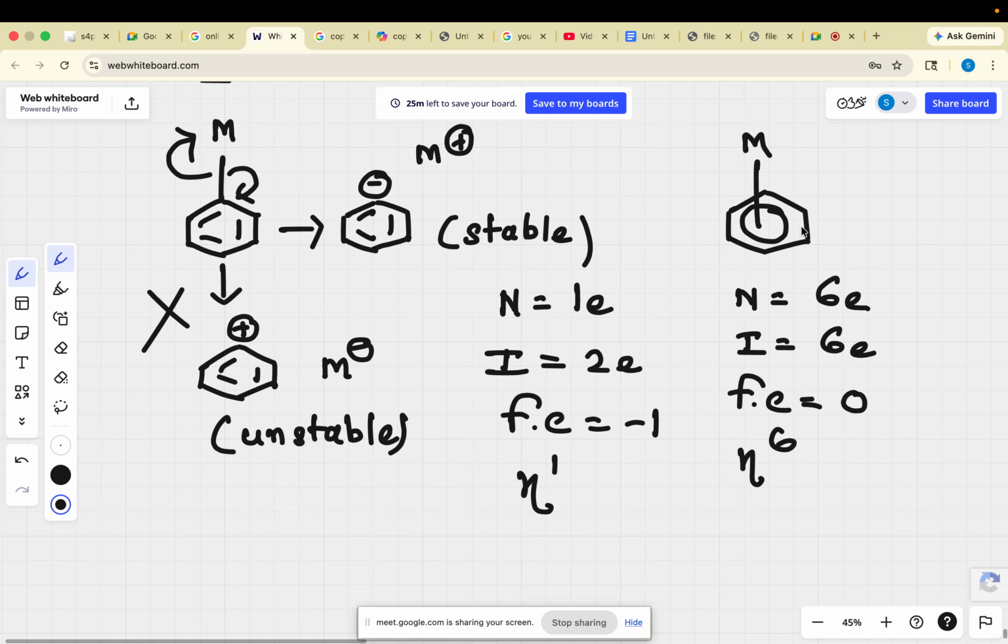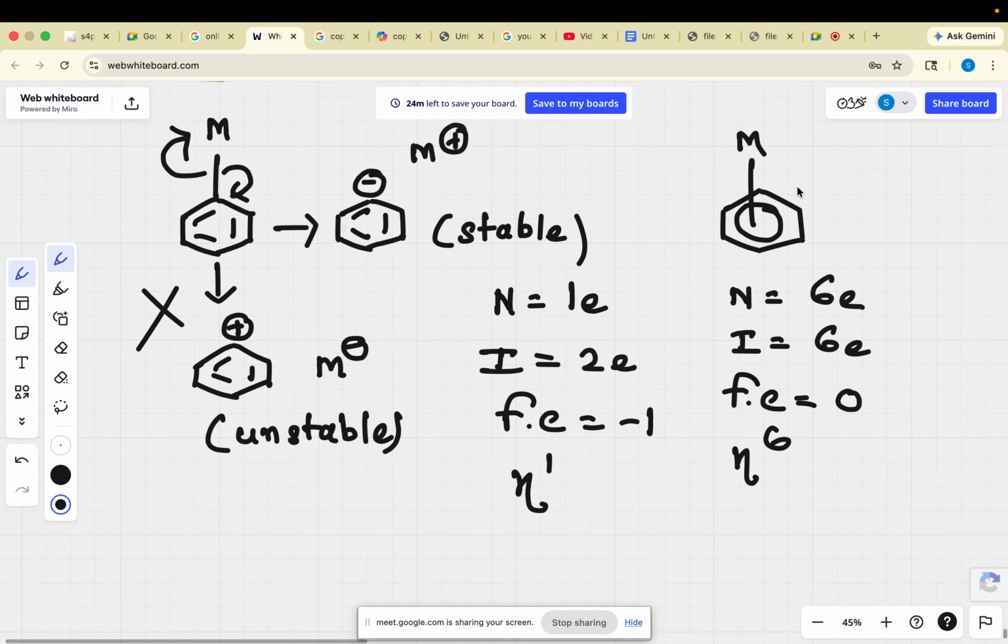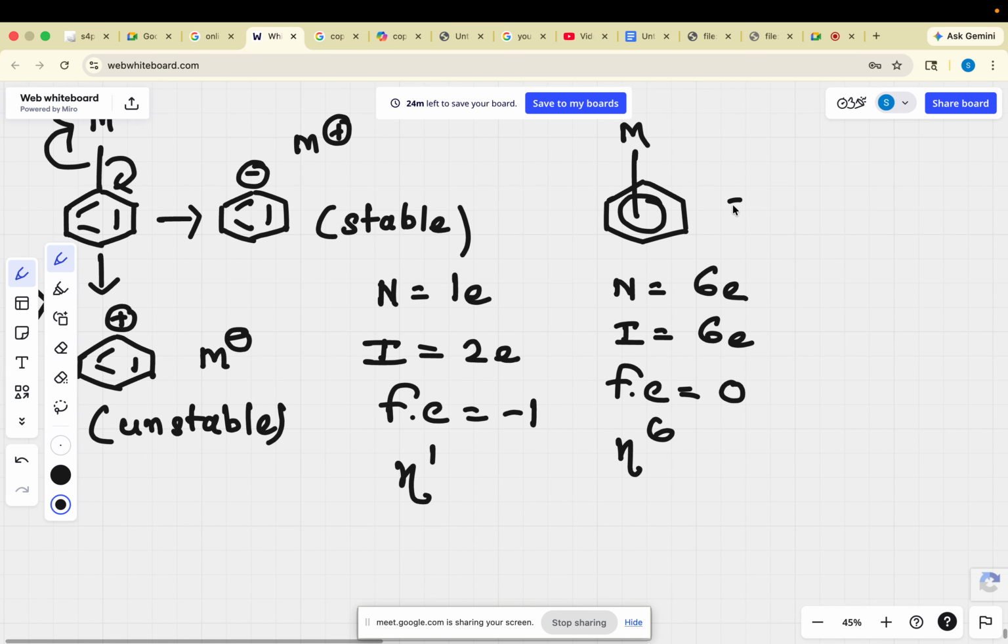So all the three double bonds are now donating electrons to the metal center. That's why I am writing it within the circle. Here neutral will be 6, ionic will be 6, formal charge is 0 and eta value is 6.